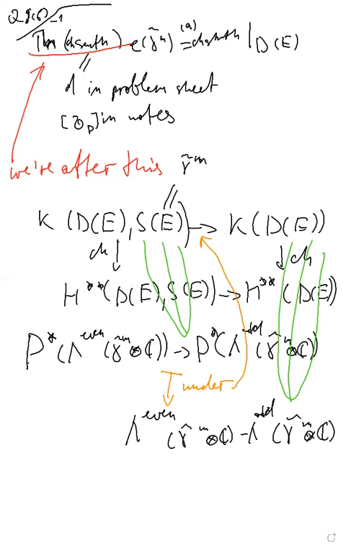What happens when I take the image of this isomorphism inside K, the K theory of D of E? Well, I simply get the difference of the lambdas, lambda even minus lambda odd. Yes. Let's assume. And then when I apply CH, I get CH of lambda even minus CH of lambda odd. This is what happens when I go from the top left corner via the top right corner to the bottom right corner.